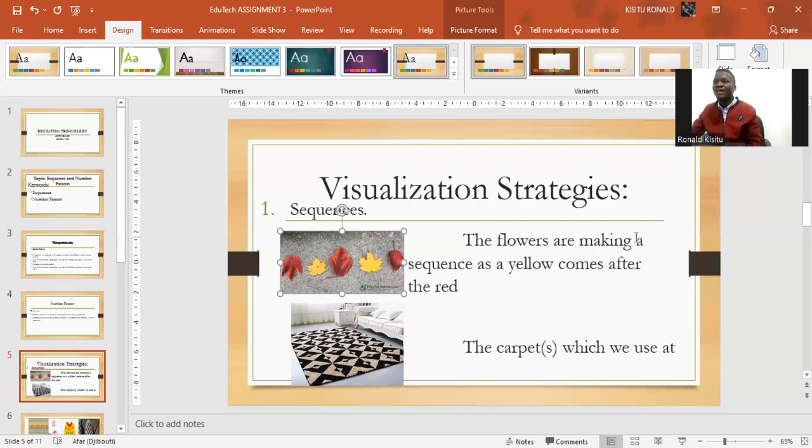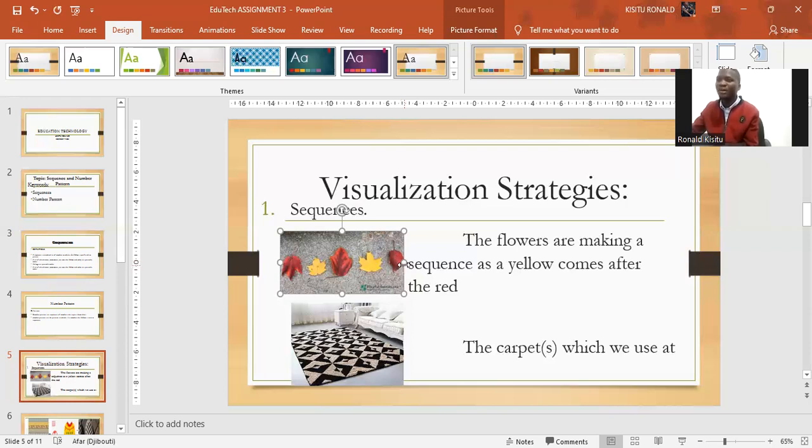So the flowers are making a sequence, as a yellow comes after the red. There are repeated flowers in a certain sequence. The first one is red, yellow, red, yellow, red.